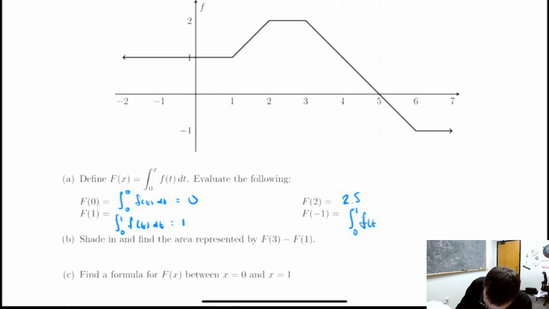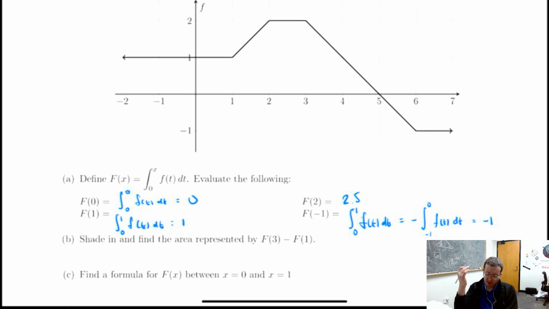And when the bounds are in the wrong order, we should switch the bounds to put them in the right order, and switching the bounds introduces a minus sign. Now, when the bounds are in the right order, that integral is positive 1, but we also have this minus sign, so it's negative 1.